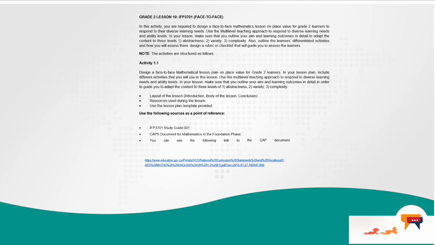Then you add resources used during the lesson. Then use the lesson template provided. Use the following sources as a point of reference: the study guide of IFP 3701, the CAPS document, and also the link below.